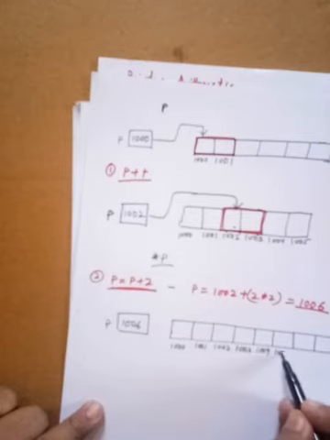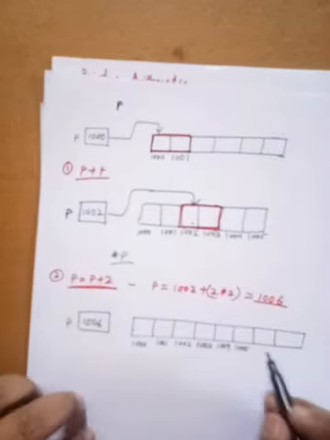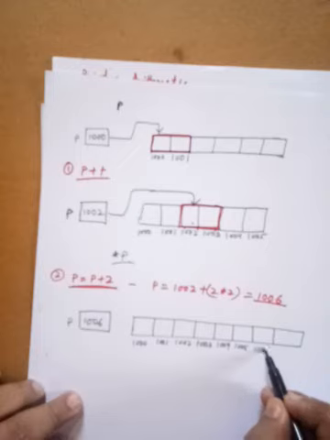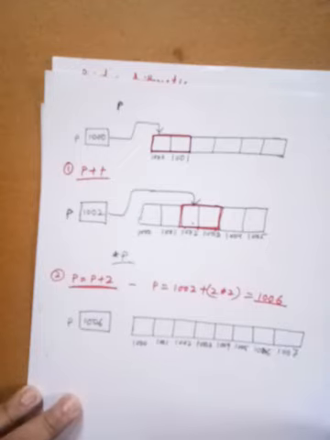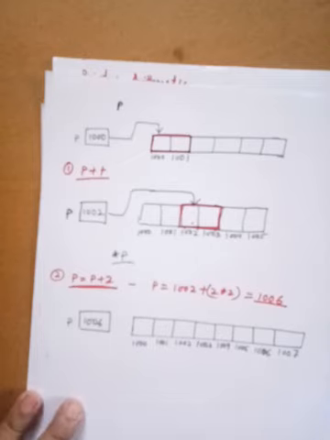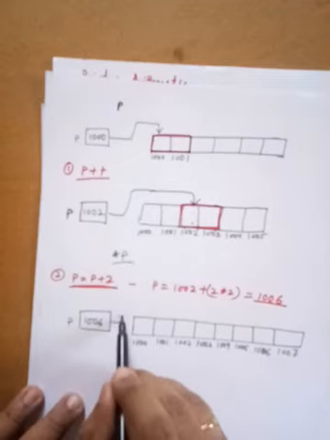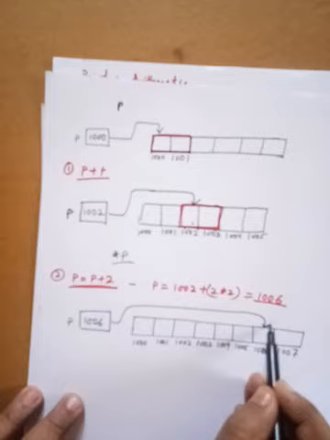So this is 1000, this is 1001, 1002, 1003, 1004, 1005, 1006, 1007. Now after incrementing, this pointer will point to this address location.